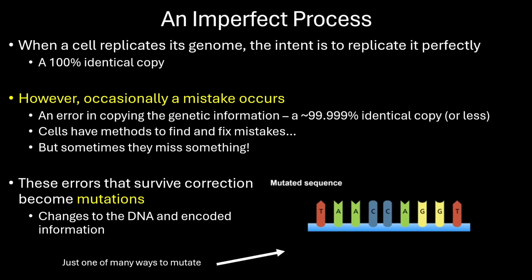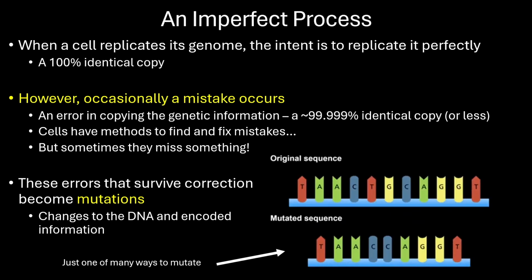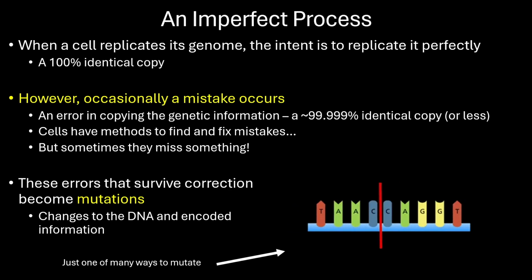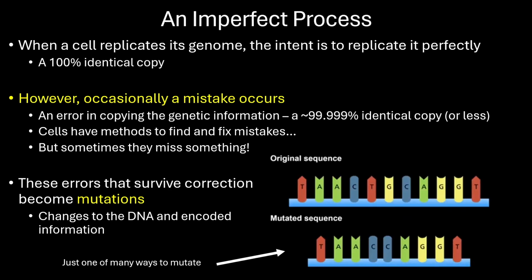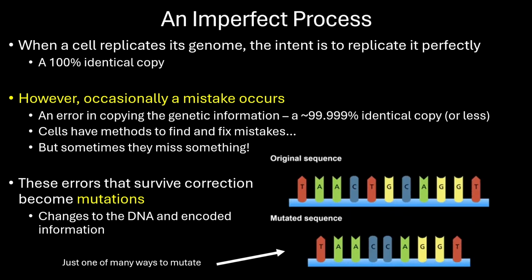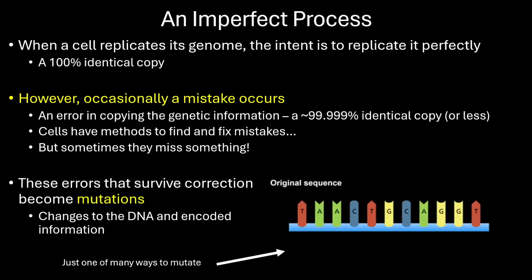An error in the copy process, when we are replicating all of our genetic information, even something as simple as a single nucleotide being added, subtracted, or swapped out for another, is something that can create a non-identical copy. Two organisms that are created that do not match each other genetically perfectly. This we call a mutation. Any change to the DNA in any form is what we consider to be a mutation.